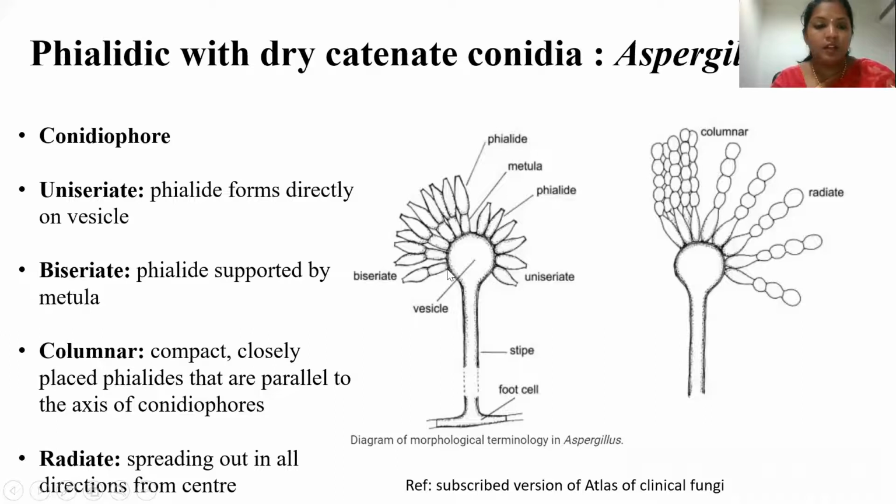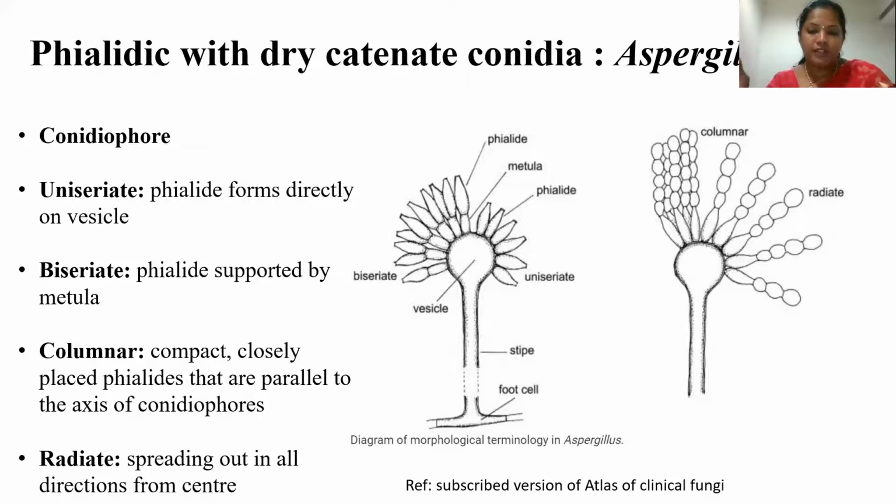The vesicle is a swollen end where the phialides and metulae will be formed. In Aspergillus there are two terms, uniserate or biserate. Uniserate means only phialides will be present. In Aspergillus, conidia will be formed by phialides only because it is phialidic.